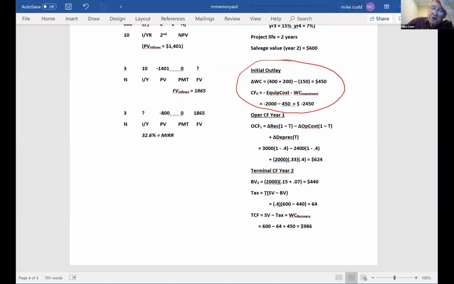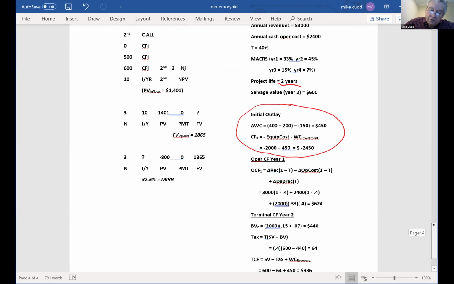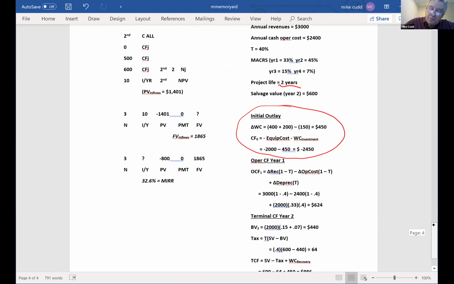It's a 2-year project. They're going to abandon it in 2 years. So one of the things we want to get are the operating cash flows for each year. Wow, I've got so many typos in this. Okay, bear with me. I am going to just write it over here in the margins.